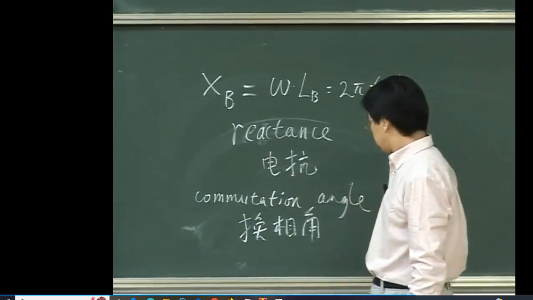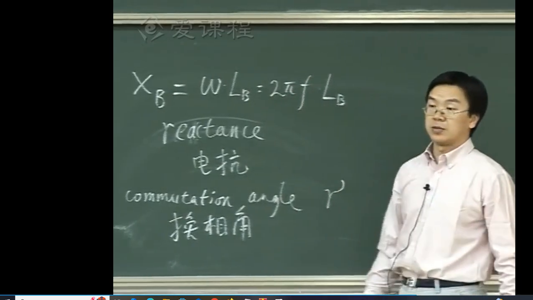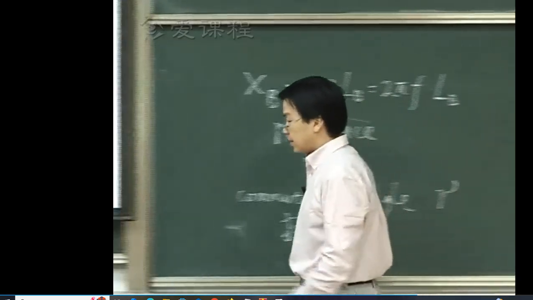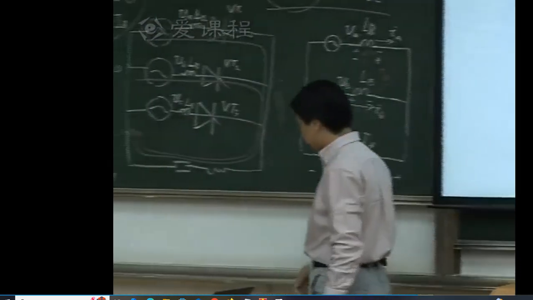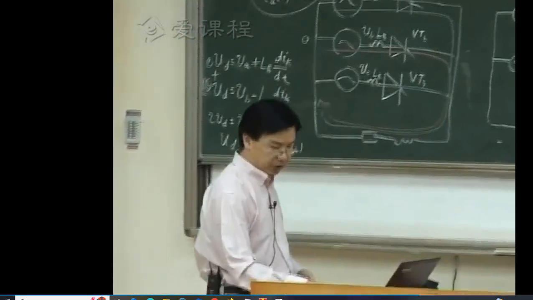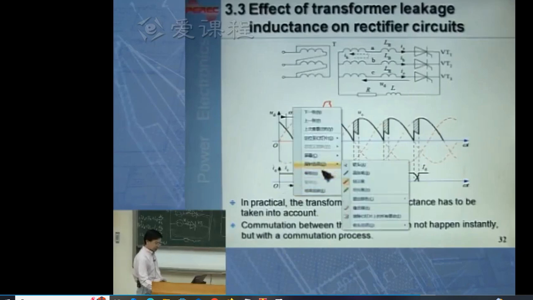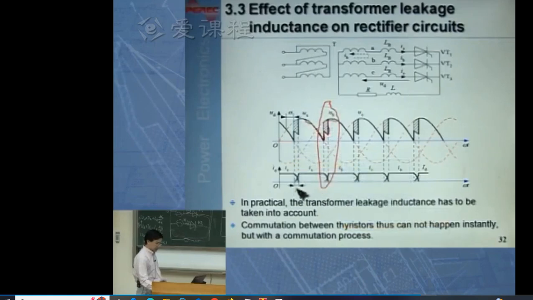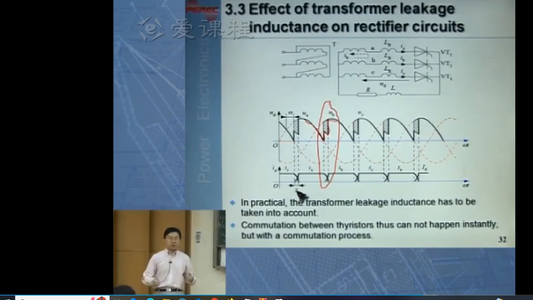We usually use gamma to represent this commutation angle. There is a discussion in the textbook and lecture notes about the relationship of gamma, the commutation angle. In the previous picture, we have this gamma here. This is the commutation angle.